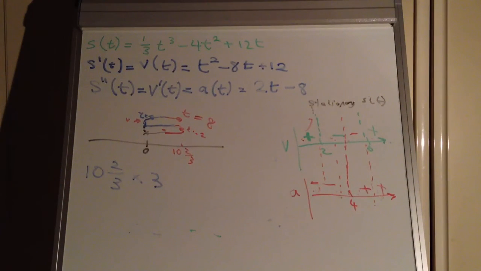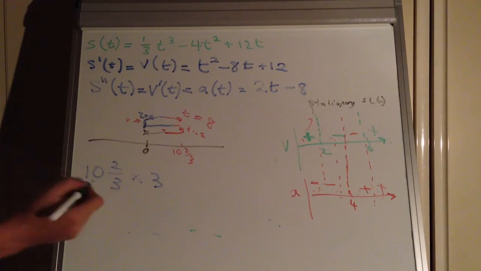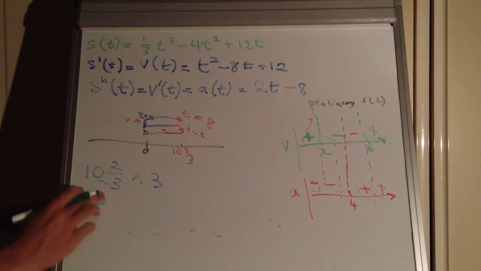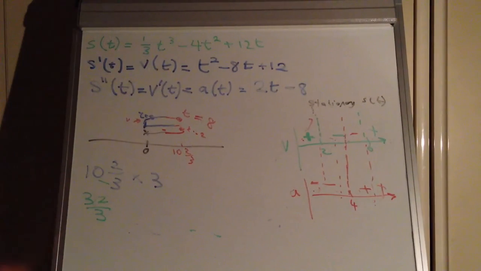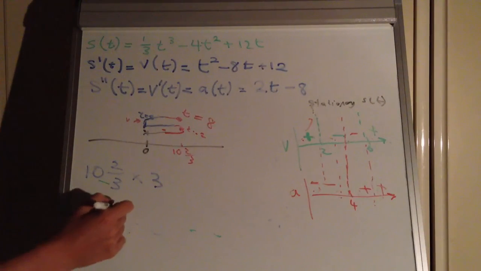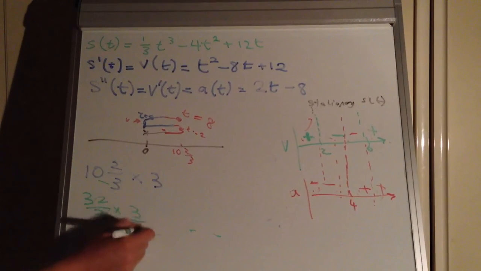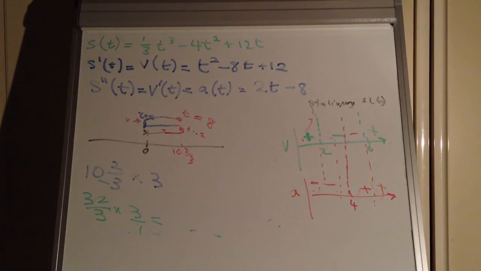And let's see if we can actually work this out. So what we can do is convert this into an improper fraction. Pretty easy to do, not too difficult. So we go 10 times 3, that makes 30, and it's going to be 30 plus 2, because we've got 2 over 3 there. So it's 32 over 3, times 3 over 1. And 32 times 3 should leave us just under 100 with 96.